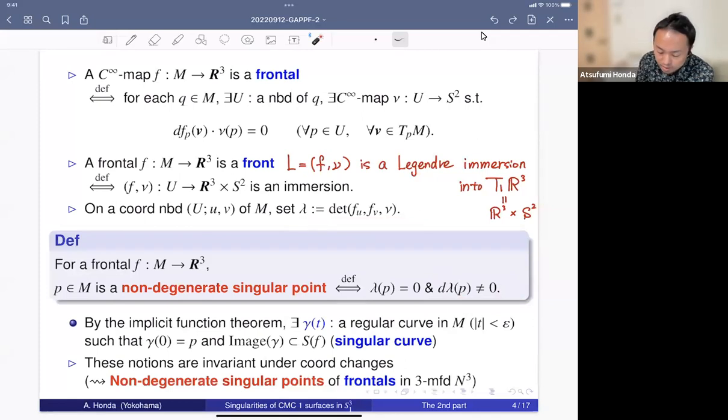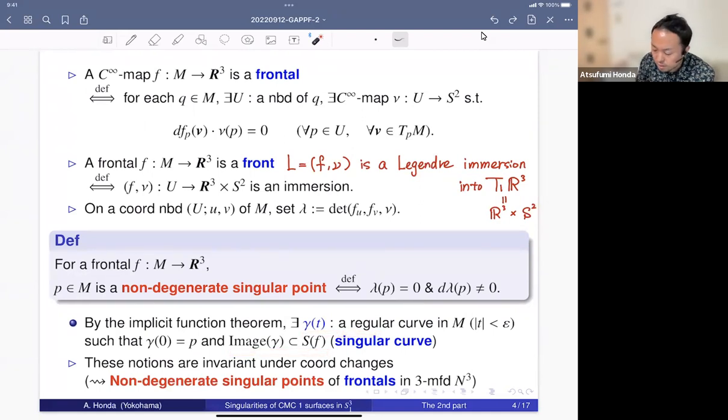By the implicit function theorem, for a non-degenerate singular point, there is a regular curve such that the singular set is parameterized by this regular curve.